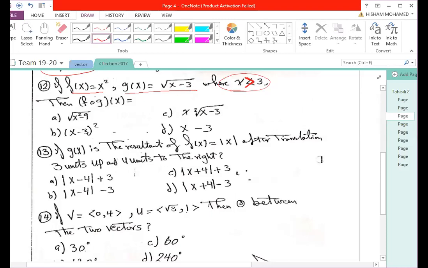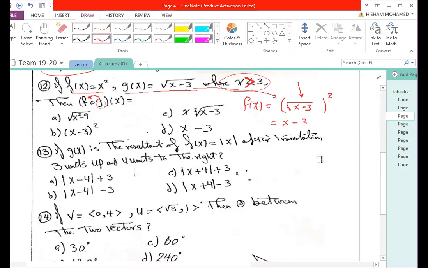f g of x means replacing the function g inside the function f. What is f of x? It's x squared, so I can write it like this. Inside this bracket, I will put root x minus 3, which is g.